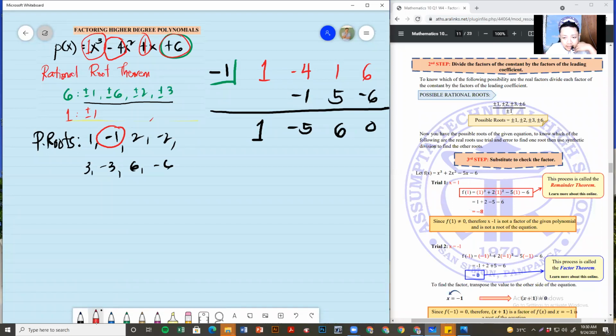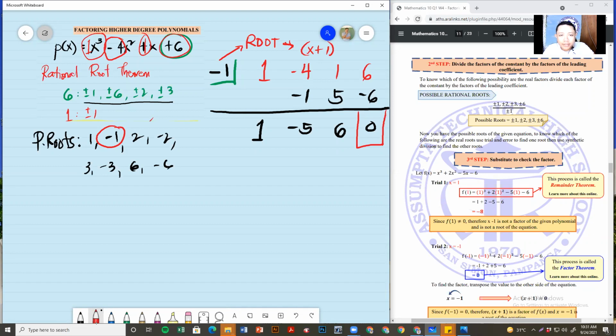So really, it is a factor theorem. So automatically, kapag nag-0 to dito, this is a root. Hence, we will end up with the factor. The factor here will be x plus 1. Can you follow?